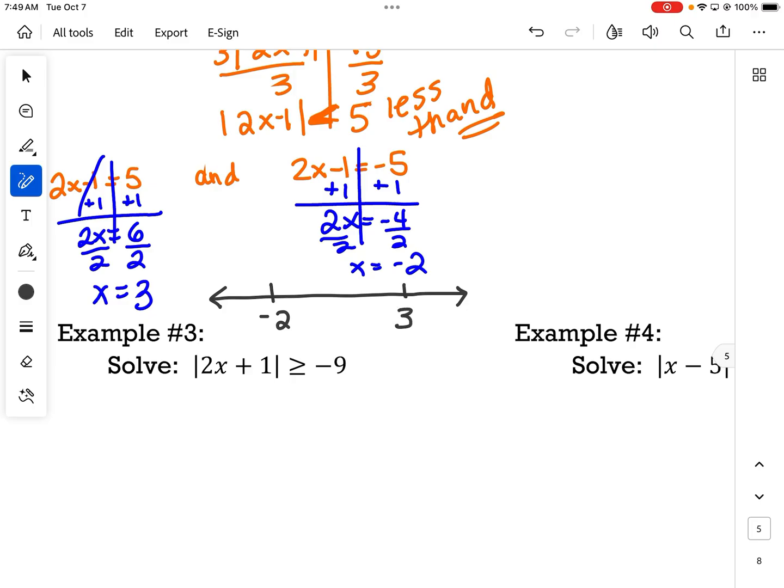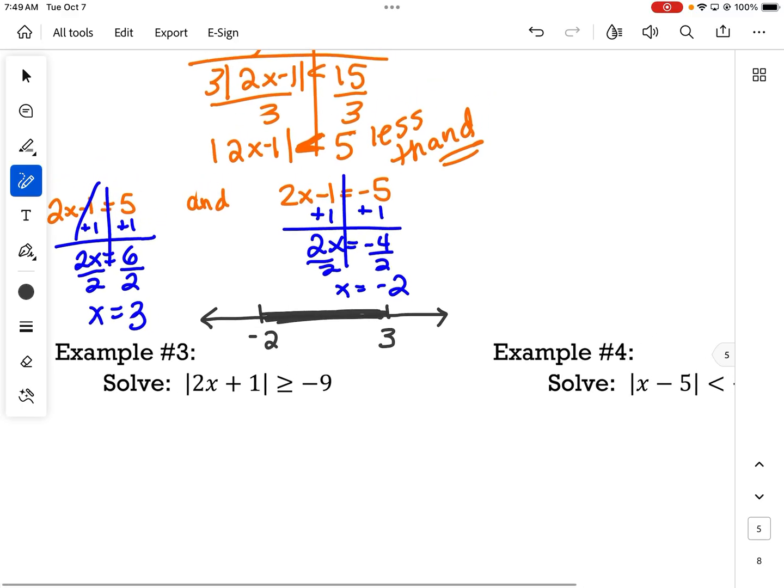So I'm going to put 3 on the other side. And it says less than, so that means we're going to shade between. But we need circles on it too. So see how this is less than? So it's going to be an open circle on both.